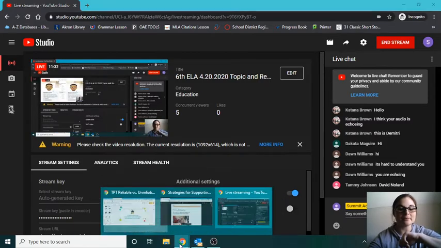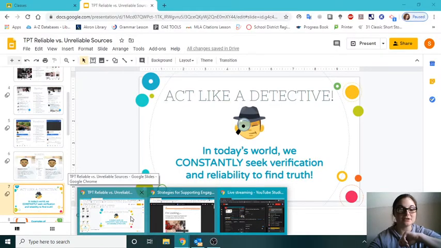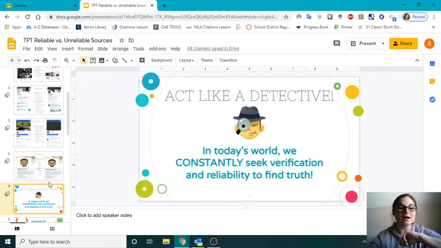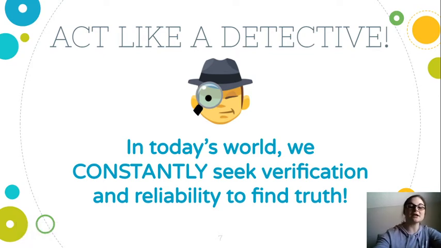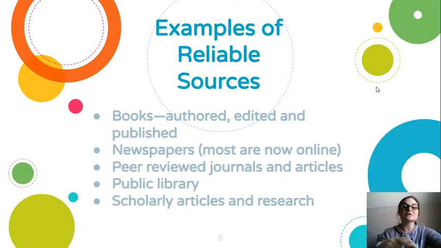But going back to our PowerPoints to finish, back to present. So act like a detective. In today's world, we constantly seek verification and reliability to find truth. So this is more so where it gets into examples of reliable sources.